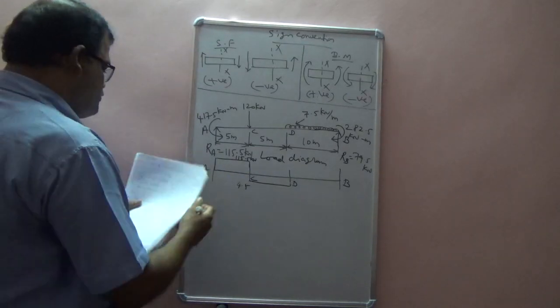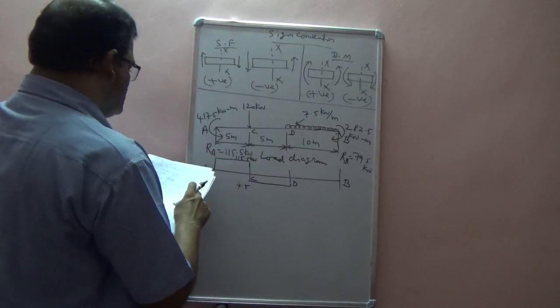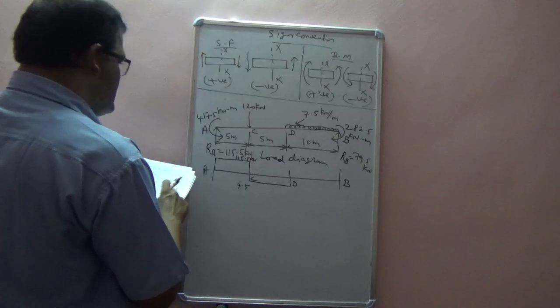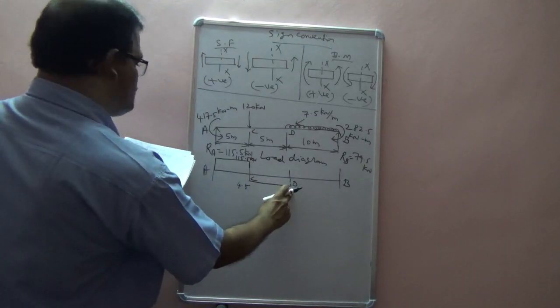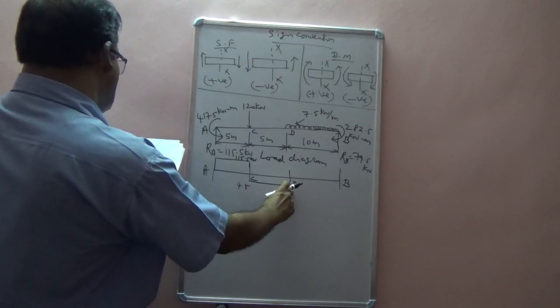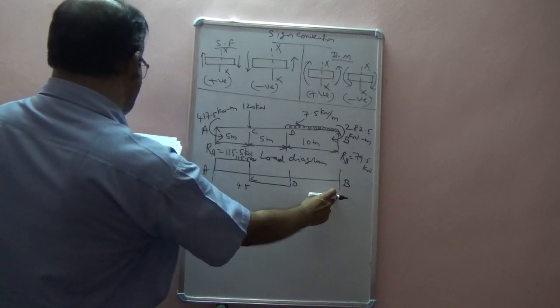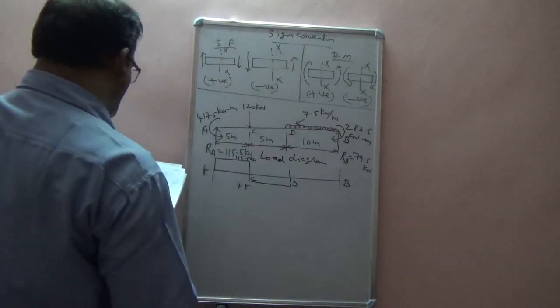So we are considering the shear force. So right side of D is minus 4.5 kilonewton. So same value. Whereas the left side of B is minus 79.5 kilonewton.